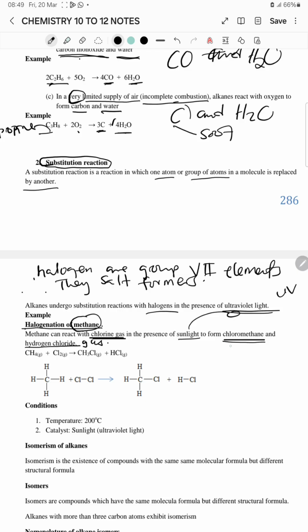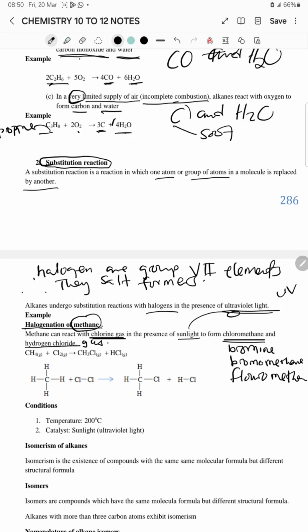Suppose you use bromine, because bromine is in group 7, it's going to be called bromomethane. Suppose you use fluorine, it's going to be fluoromethane.